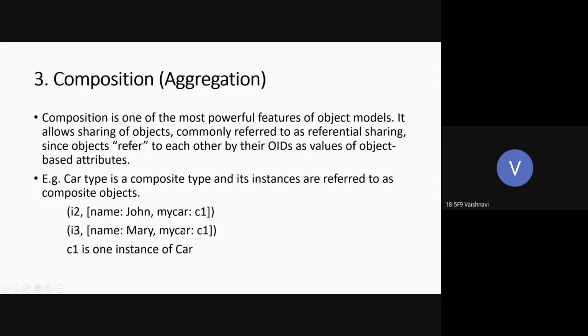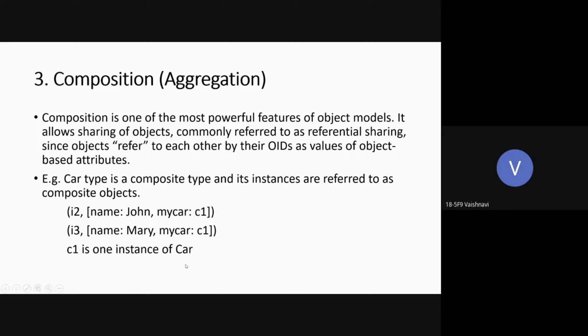So we can say that both my car and my car in John and Mary have the instance C1.